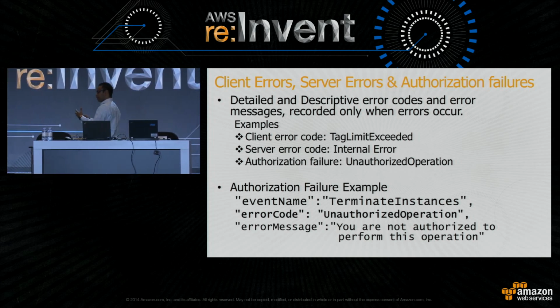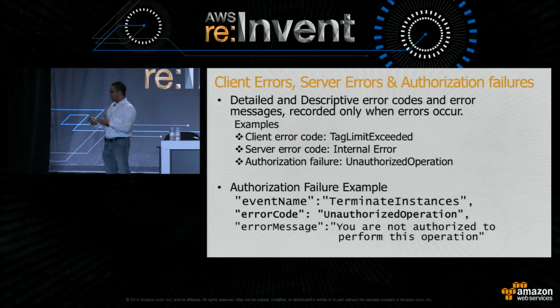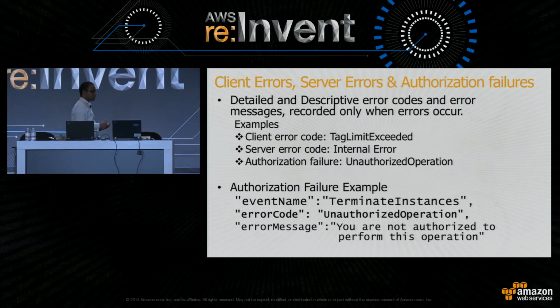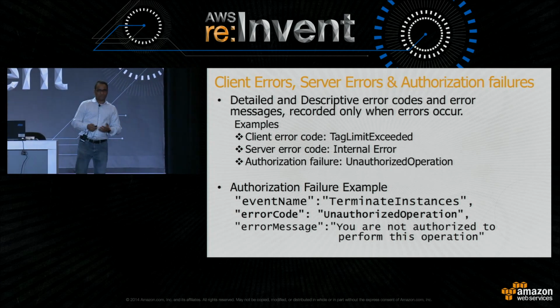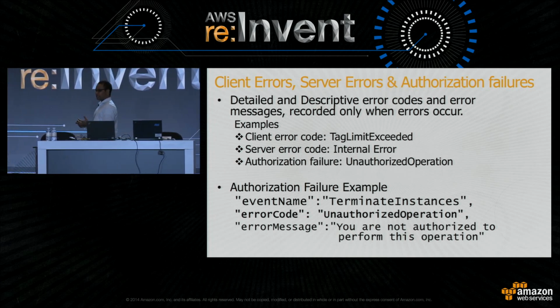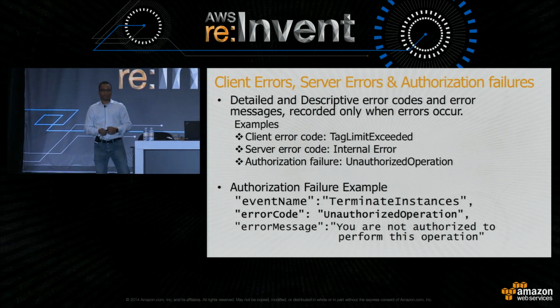So CloudTrail records that information in an error code and error message form, key-value pairs, so that you can look at that information or filter that information and answer those questions, like, OK, this particular event, terminate instances, was run by this particular user, because there is this error code of unauthorized operation.